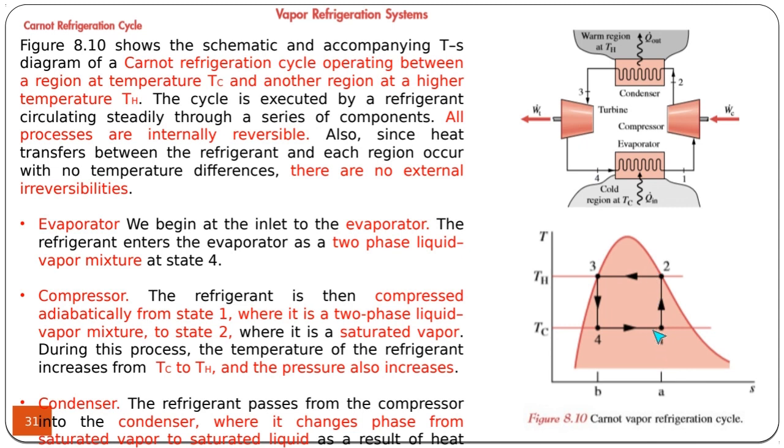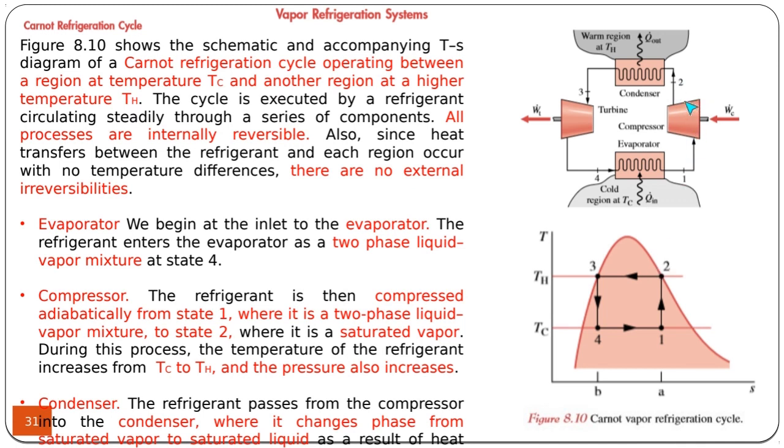In state one, we have a mixture of vapor and liquid. Of course, we have a refrigerant here, so it's a mixture of refrigerant vapor and liquid. Then it's compressed to a higher pressure.